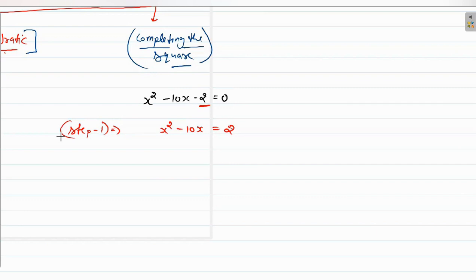Now, if you remember, there are two identities that you need to remember. One is (a plus b) whole square and one is (a minus b) whole square. Do you remember them? Yeah, I do. So what do you get if you expand them, expanding the brackets?